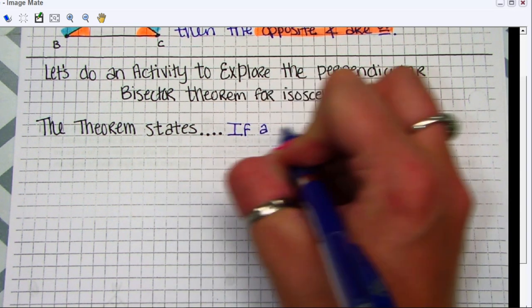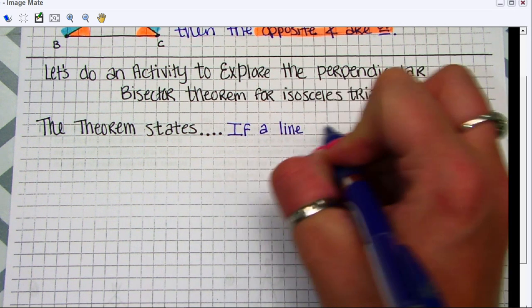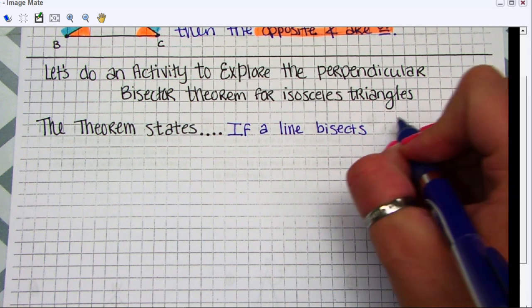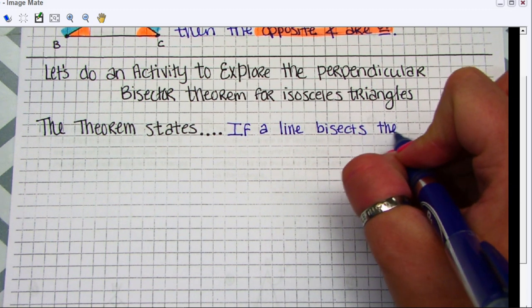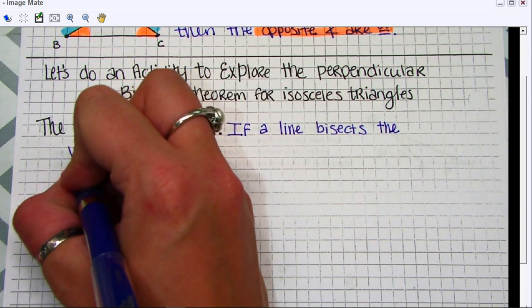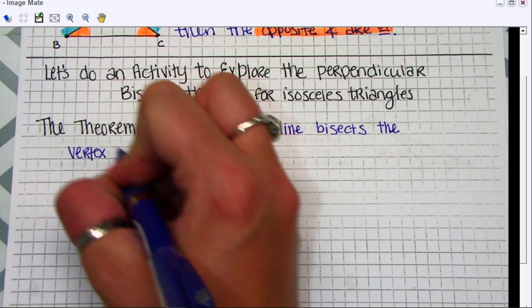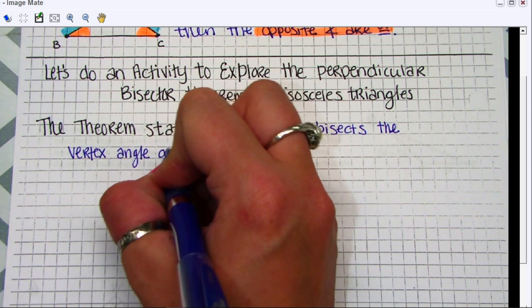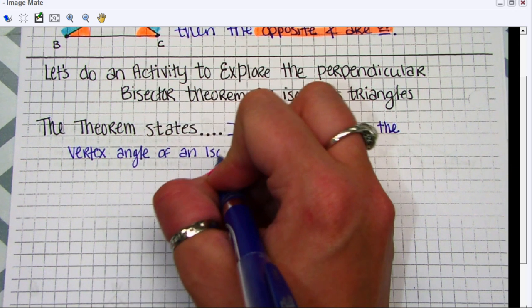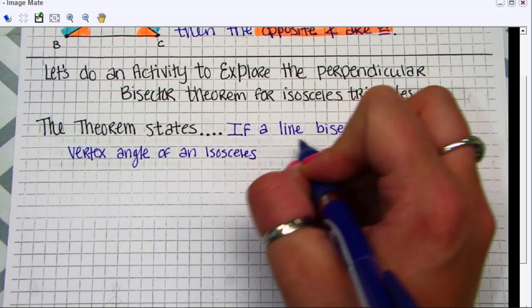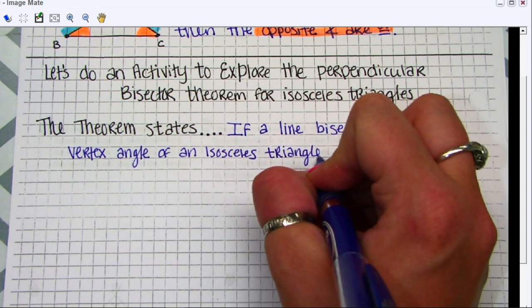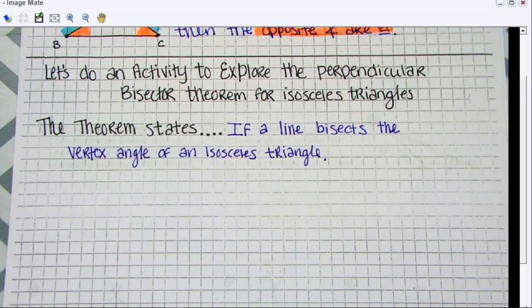if a line bisects the vertex angle of an isosceles triangle, so we're going to have an isosceles triangle.